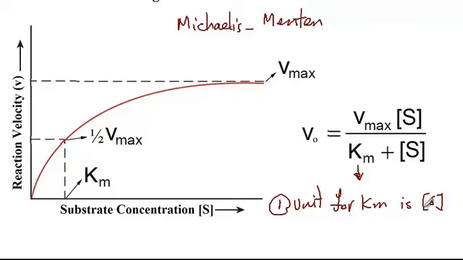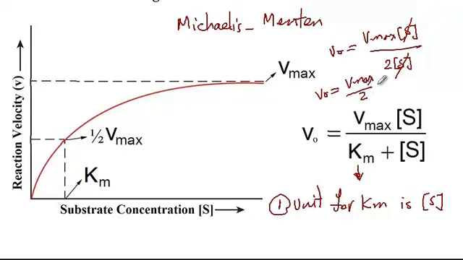And in fact, if you plug in this value in this equation, what you get is that V0 is equal to Vmax times substrate concentration divided by substrate concentration plus substrate concentration, which is equal to 2S. So 2S. And once you cancel out the S, V0 is equal to Vmax divided by 2. So here, what I've just shown you is that Km is the substrate concentration at which the speed of the reaction is half of the Vmax.